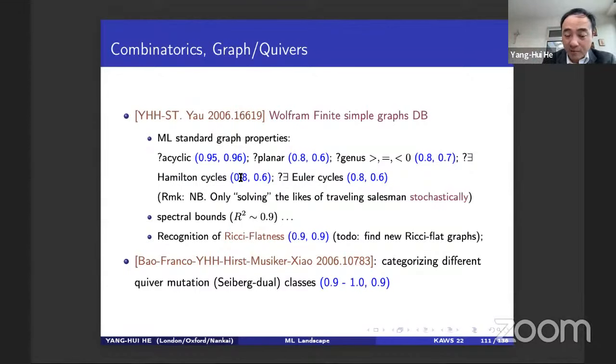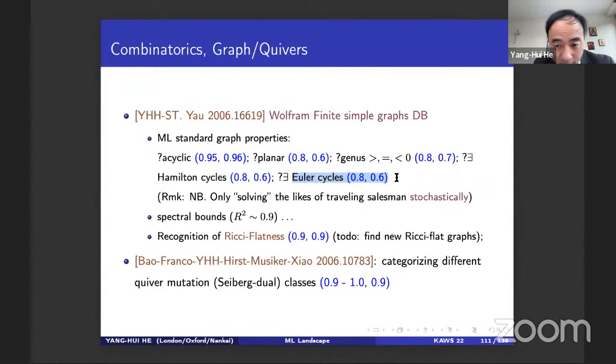The Hamilton cycle problem is the traveling salesman problem. It is well known that this problem is NP hard. But it's also known that the Euler cycle problem is polynomial. In fact, it was shown by Euler's student that there's an algorithm for solving the bridges of Königsberg problem in polynomial time. They didn't phrase it in such a way, but now we understand that the problem can be solved in polynomial time.